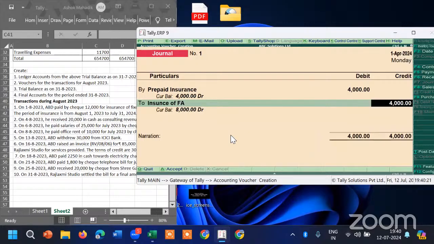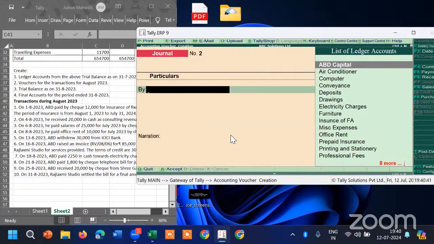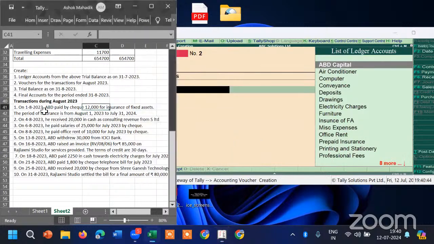So credit that insurance by 4,000. You can see below insurance, 8,000 is the balance left. You can write here being prepaid insurance, debited to prepaid insurance like that. Press Control A. That is done. So the first adjustment is over.